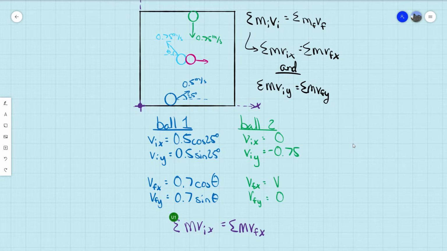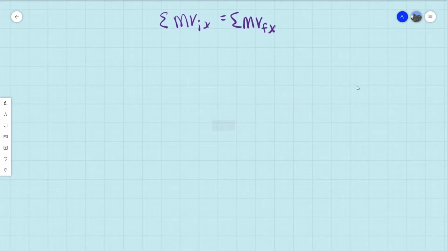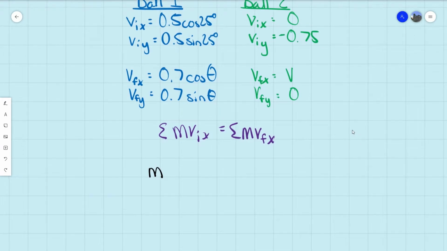All right, so this is our formula, and I'm going to start plugging in what we know. We have an unknown mass times our initial velocity in the x direction for the first ball, because we're doing a summation. So I'm going to start with the first ball plus the mass times velocity of the second ball.